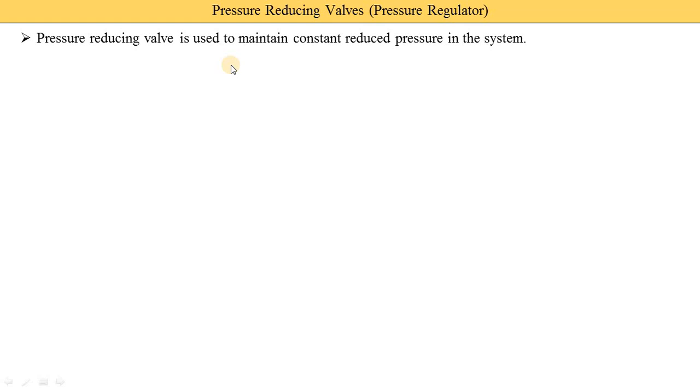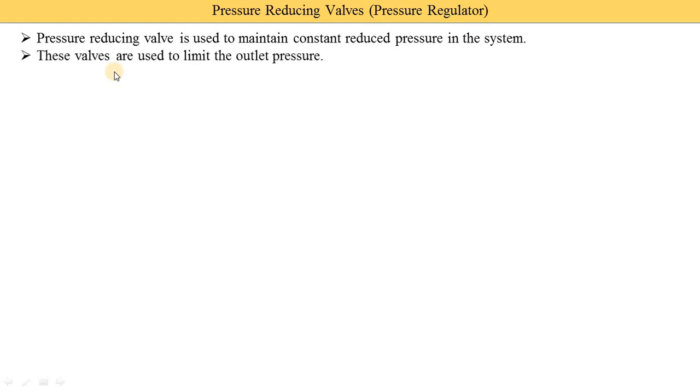In the earlier case of the pressure relief valve, that outlet is connected to the tank. Also, a pressure relief valve is a normally closed type valve, and this valve is a normally open type valve. So these are the two basic differences between pressure relief valves and pressure reducing valves.